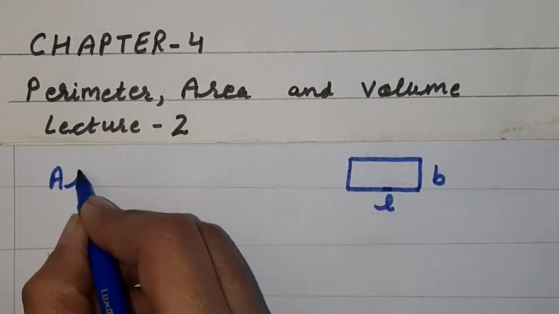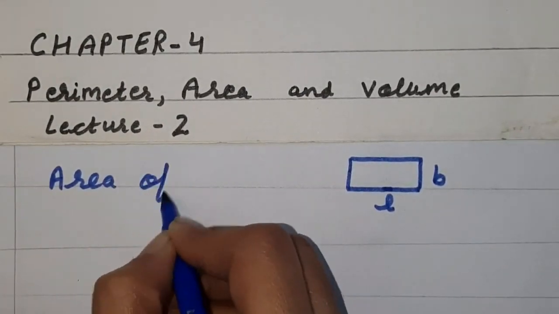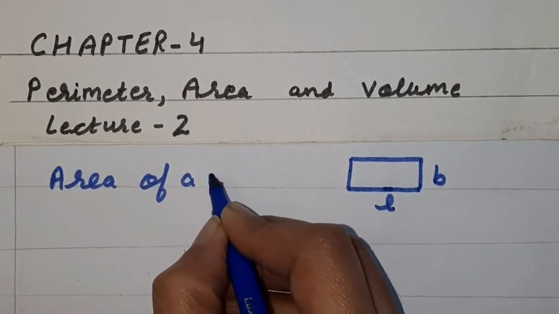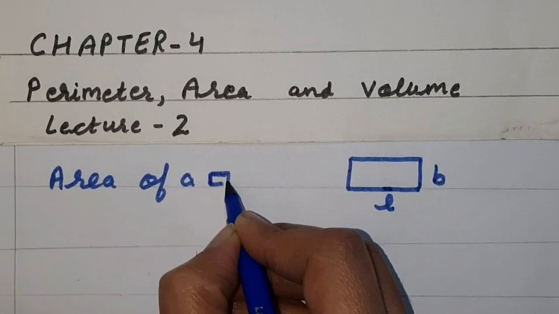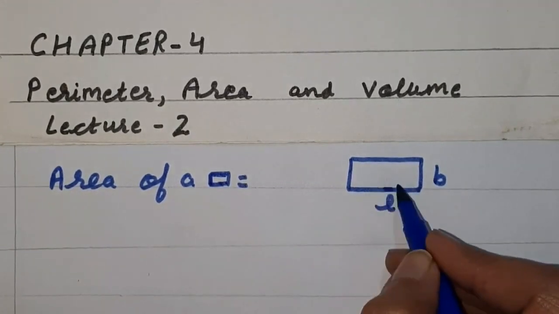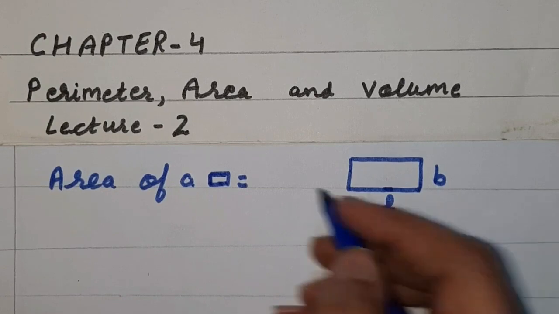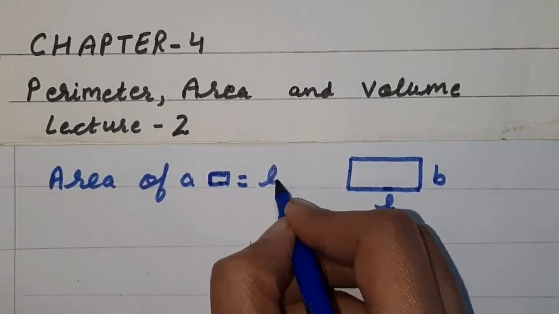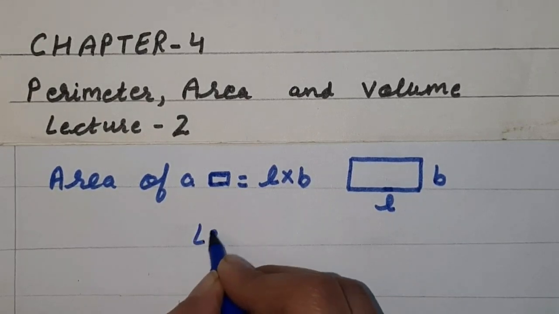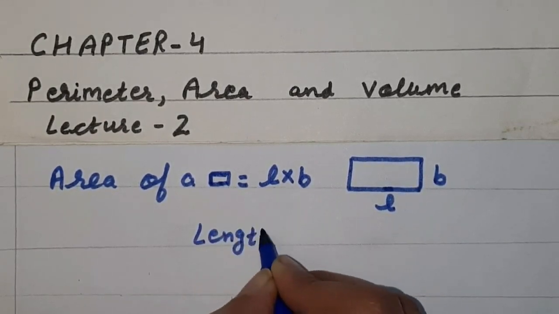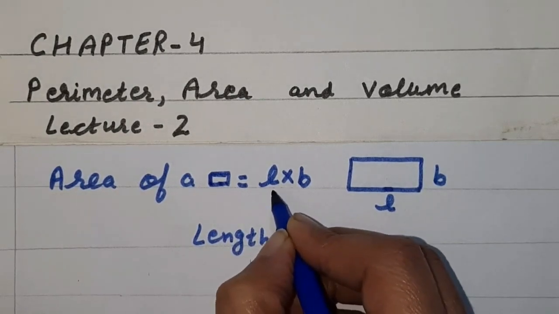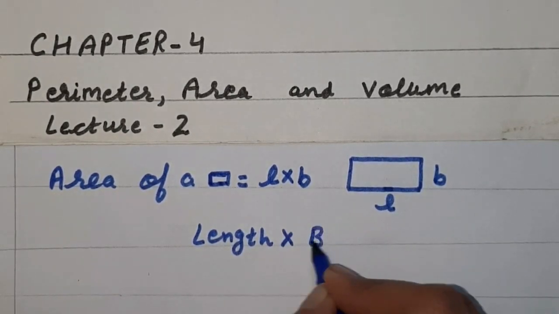So area of a rectangle is equal to surface covered by it, means length multiply breadth. If you are writing spelling, then take capital L, otherwise in the form of symbol it will be small l and small b.